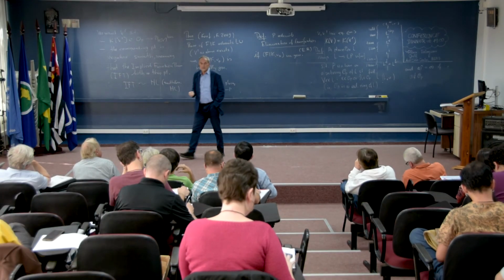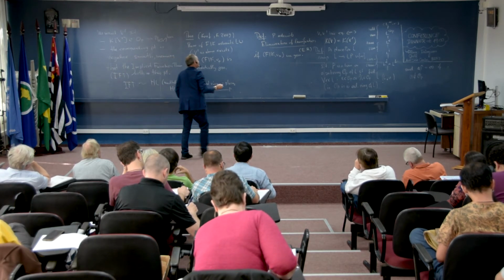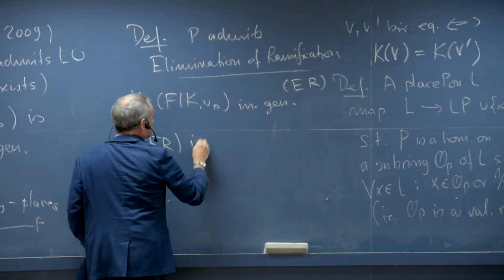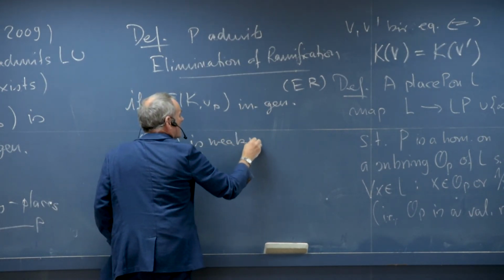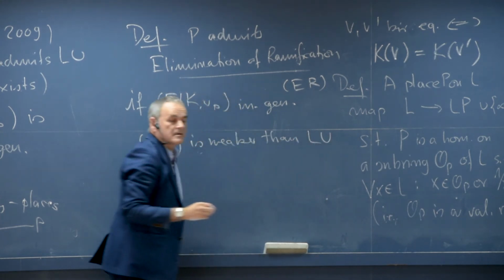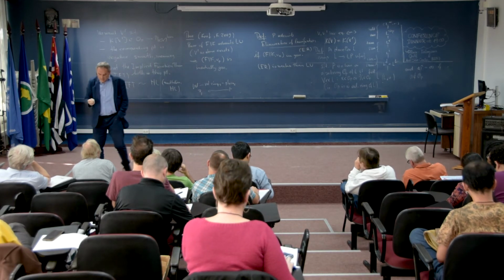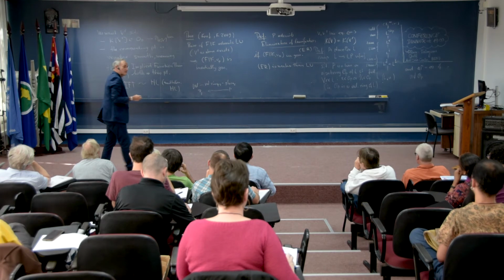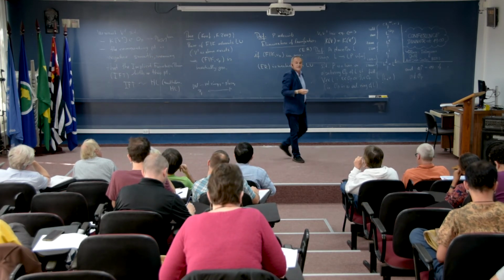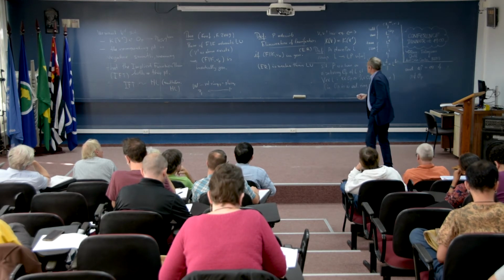Now, elimination of ramification is weaker than local uniformization. I once asked Michael Temkin whether there is a way to prove local uniformization directly from elimination of ramification.